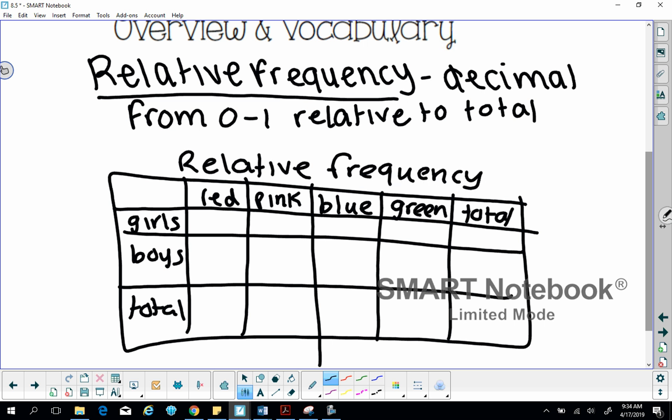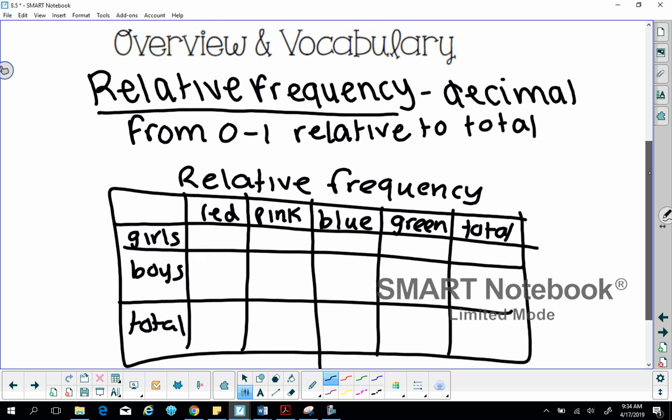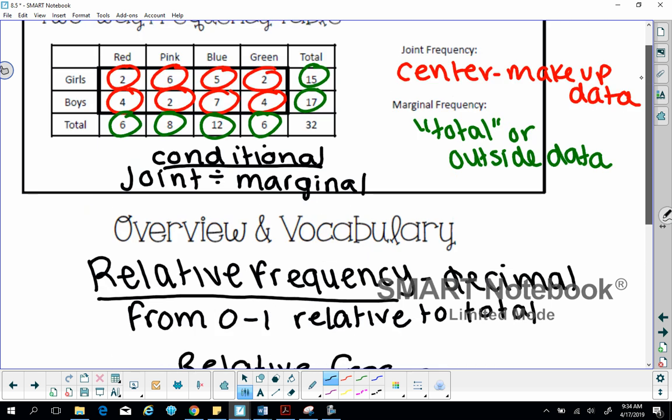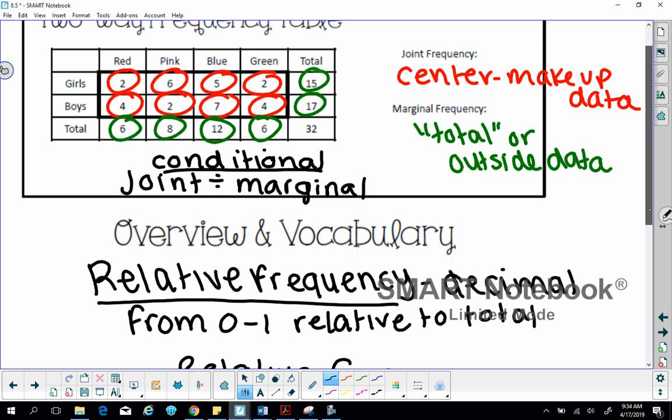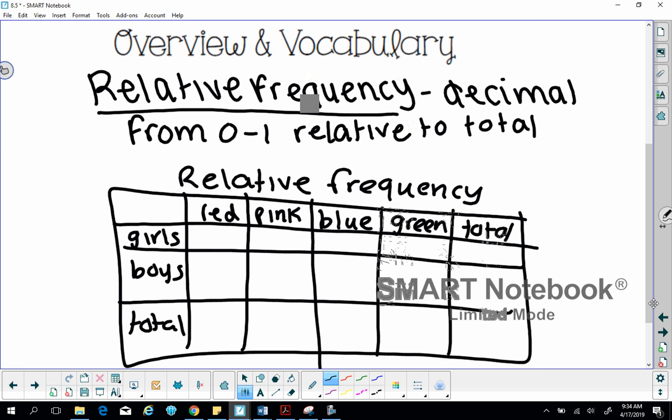So all you're doing is just dividing each number by the total. So for example, I'm going up here, and I'm just taking each of these numbers and dividing them by 32. That's what your relative frequency is. So like 2 divided by 32, what's 2 divided by 32?